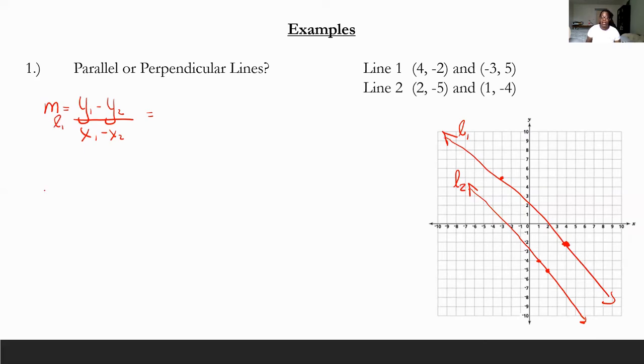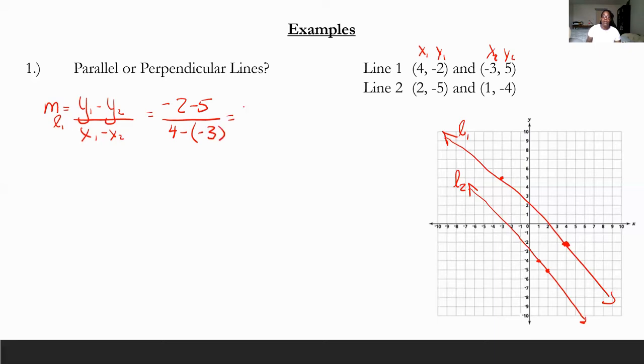So I'm going to use that first line. These are going to be my x1s and my y1s. These are going to be my x2s and my y2s. So we are going to have -2 minus 5 over 4 minus -3.